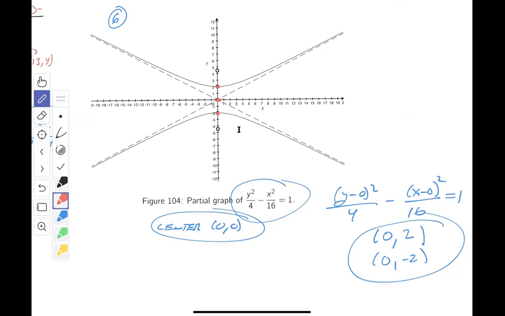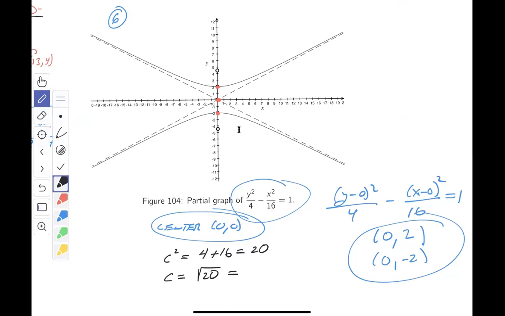All right, let's go to the next one, the foci. I see the foci in the picture, and it's nice to know the foci are there in the picture for me, and certainly they're accurately drawn. And how do I find them? Well, I'm going to write it down for you. So c squared is going to be the sum of 4 and 16, which is 20. So c would be the root of 20.